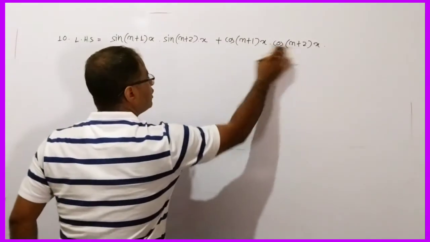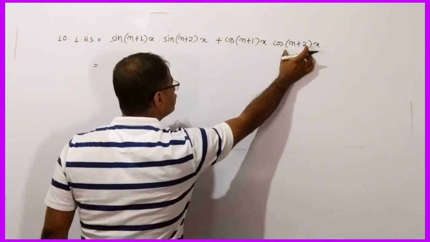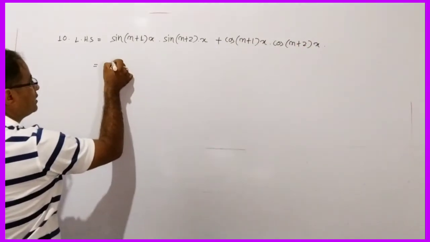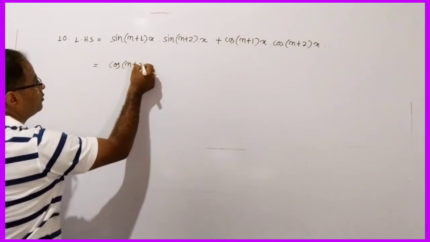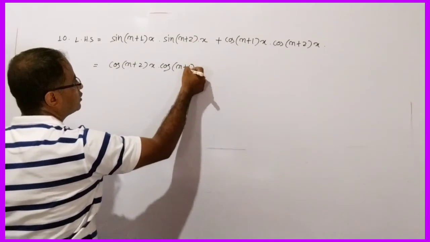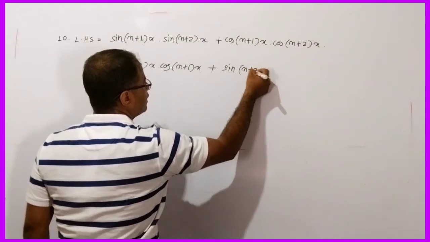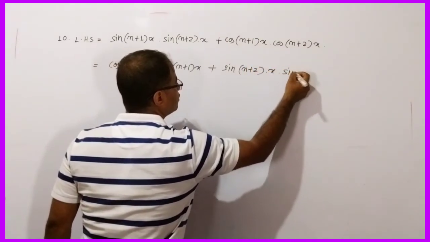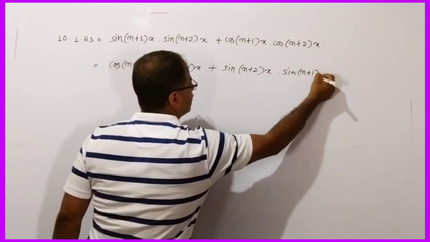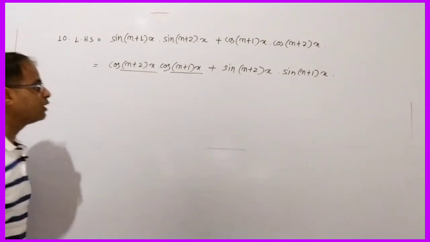We will write this first by changing the order, since n + 2 is one more than n + 1. So we can write cos of (n + 2) into x into cos of (n + 1) into x, plus sin of (n + 2) into x into sin of (n + 1) into x. Here (n + 2)x is an angle and (n + 1)x is an angle.